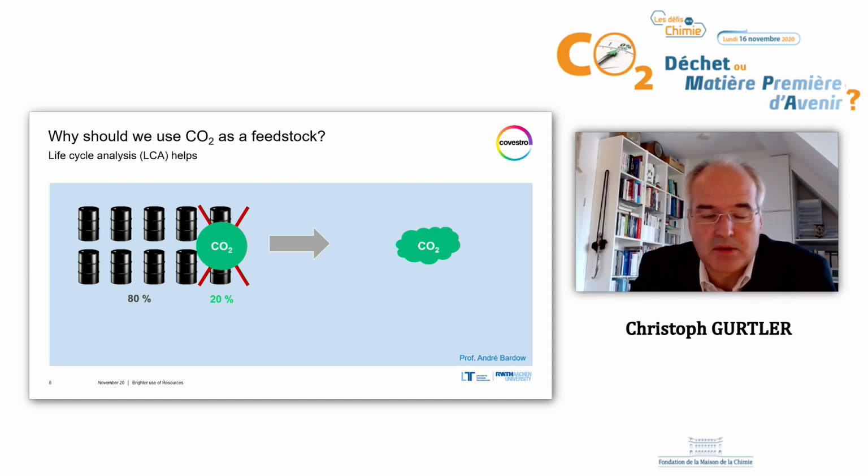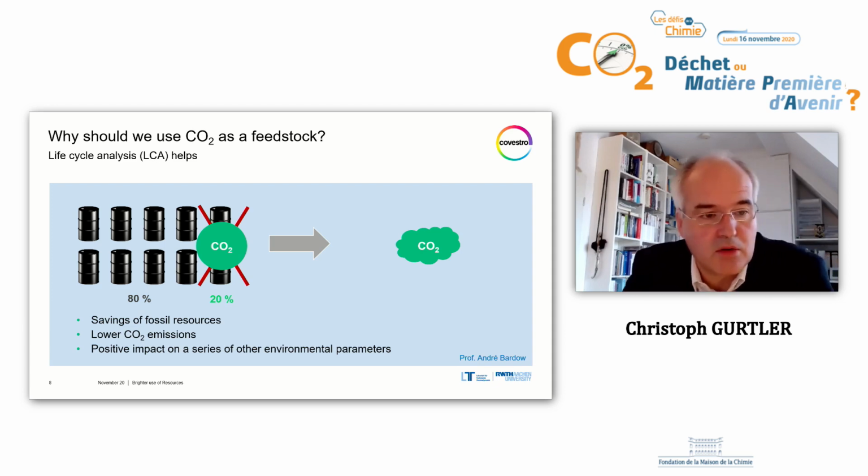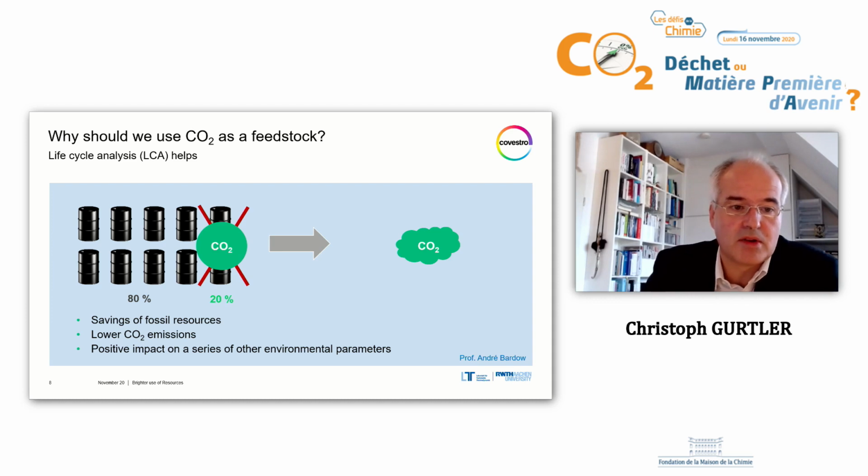So there is more sustainability in it, as the carbon footprint is reduced, mainly because the high energy molecule propylene oxide has been taken out and replaced by CO2, whose purification is low in carbon footprint. So overall positive sustainability, as has been figured out with Professor Bardow from Aachen University: savings of fossil resources, lower CO2 emissions, and a positive impact on a series of other environmental parameters.